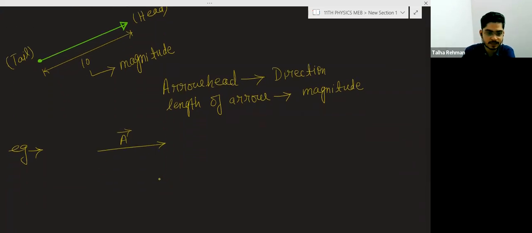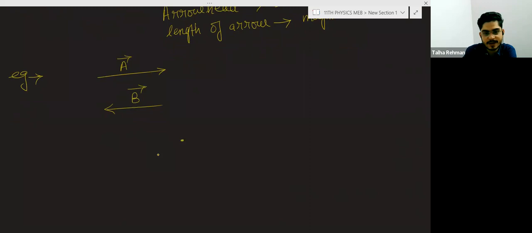Suppose you have a vector like this, B vector this time. So the arrowhead will give the direction, and the length of the arrow will give the magnitude of it. Now suppose this is A1 vector, and suppose I am having a C vector.